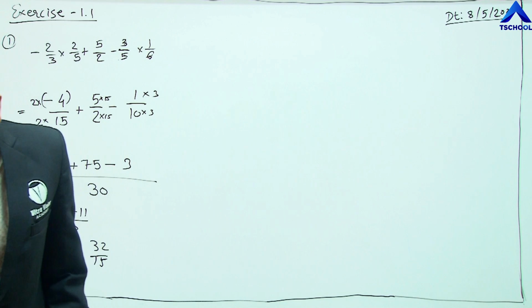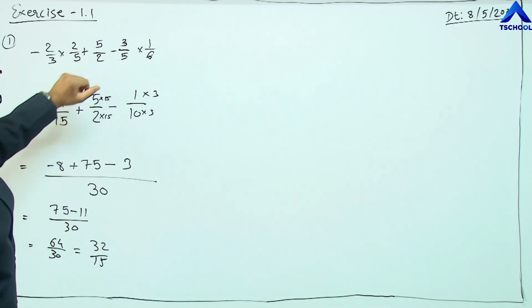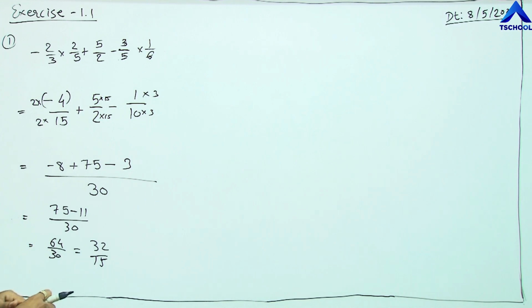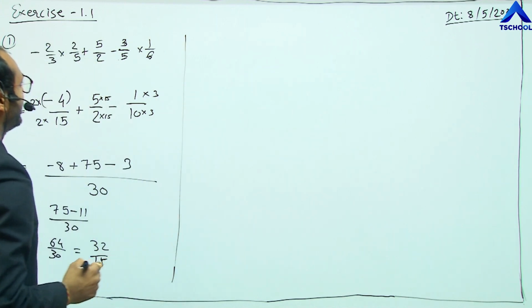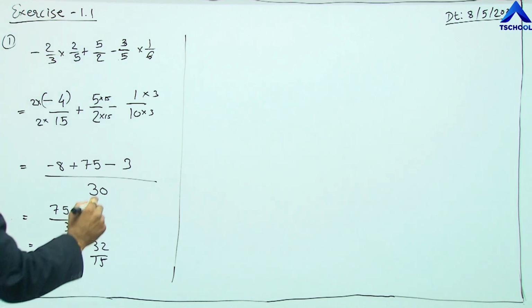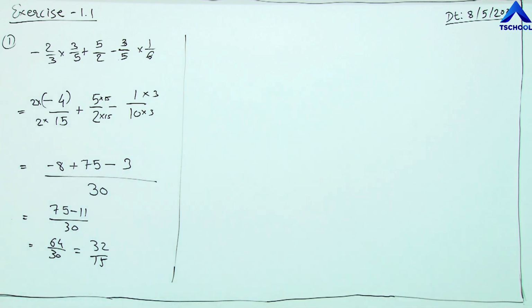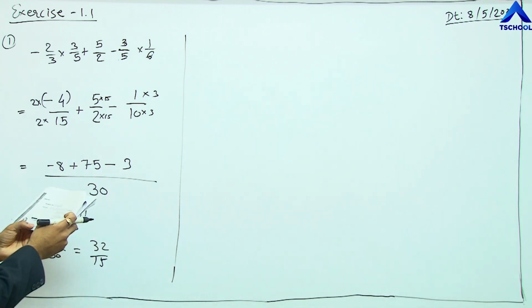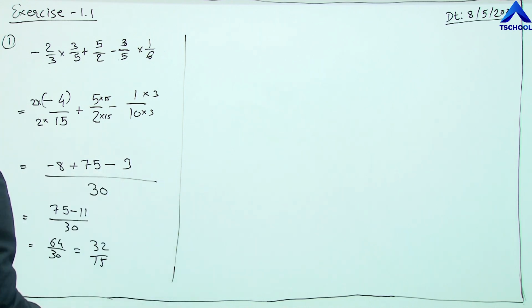Now here we made a mistake, here is 3 instead of 2. So let me put here 3. So minus 2 by 3 into 3 by 5 plus 5 by 2 minus 3 by 5 into 1 by 6.